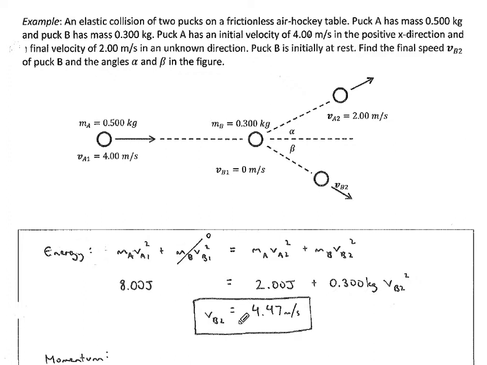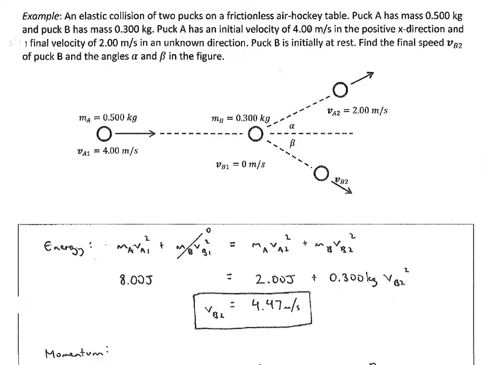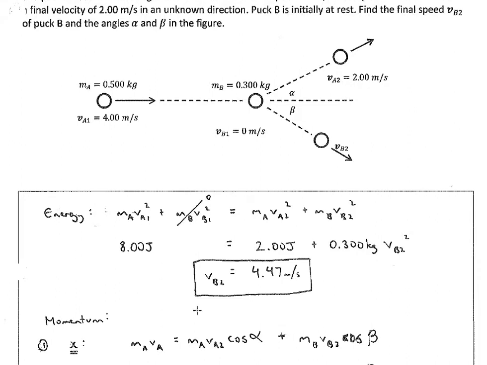Now let's look at momentum. Because it's a 2D scenario, there's momentum in both the x and y directions. In the x direction, object A is moving to the right and object B is not moving, so there's zero momentum initially.